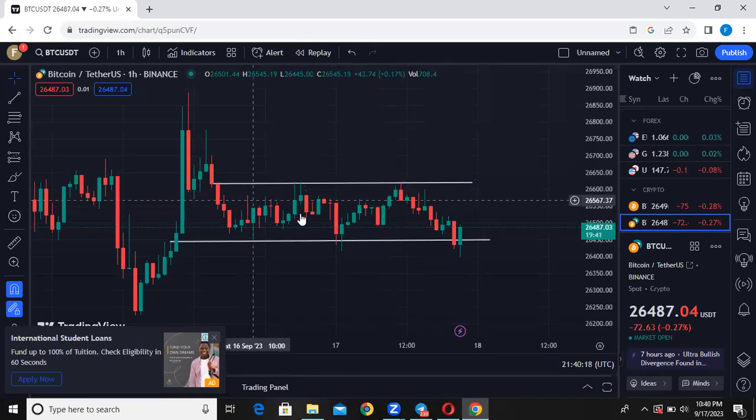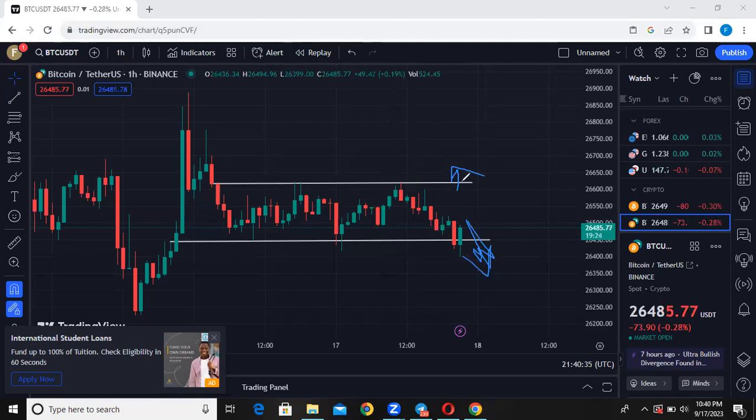A breakout is simply when the trade moves out of the support or out of the resistance. When the trade breaks this resistance level, that's where you can trade, or when it breaks the support level, that is where you can trade it.